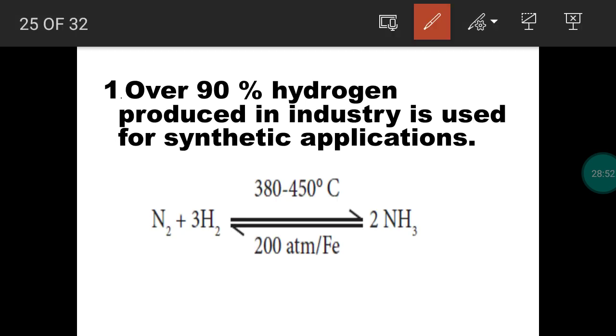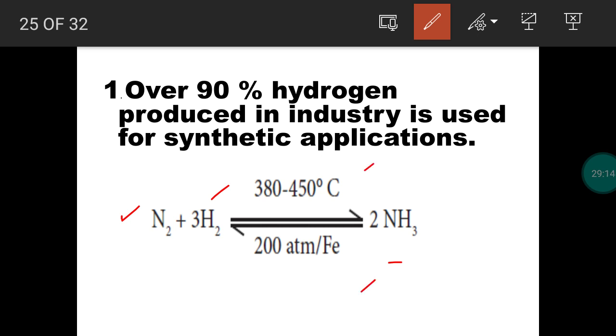Then uses of hydrogen. Hydrogen gas is used in many chemical reactions. Take Haber's process. Haber's process is useful for manufacturing ammonia gas. Nitrogen gas combines with hydrogen gas at an optimum temperature and pressure.